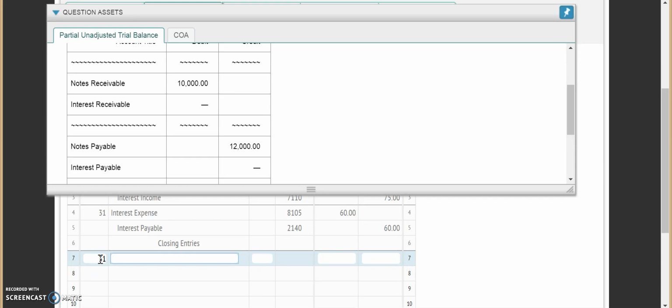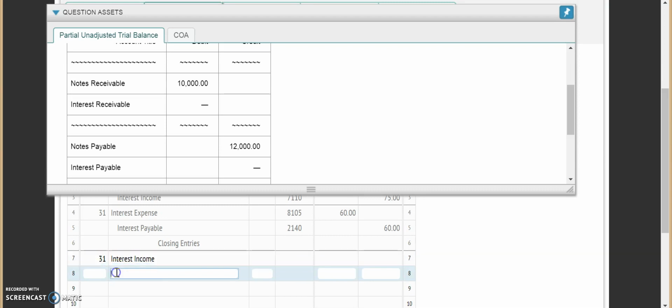Remember that income is an income statement credit account, so in order to close it, we need to do the opposite of its normal balance. Its normal balance is a credit, so we have to debit interest income. So interest income is going to be debited, and that means that income summary is going to be credited.